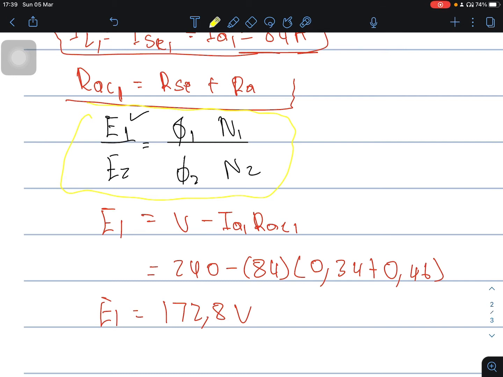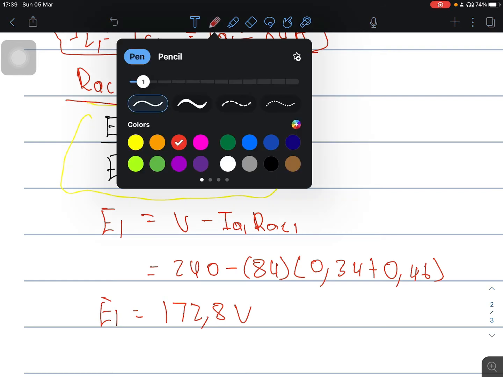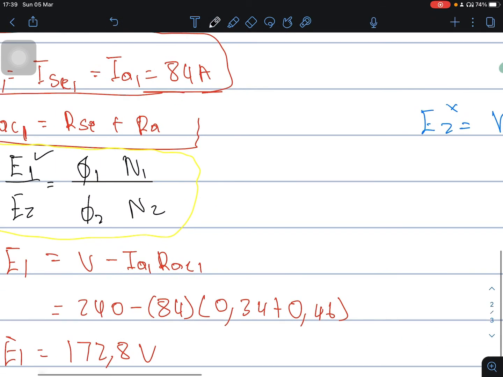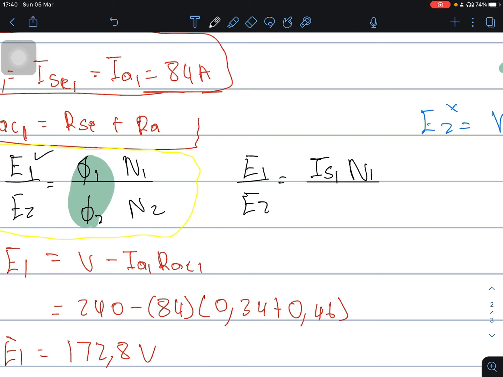The magnetic field that remains constant is for shunt mode. This is a series mode, so in place of the magnetic flux, you put in the field current. So again, your formula is E1 over E2 equals I series 1 N1 over I series 2 N2.